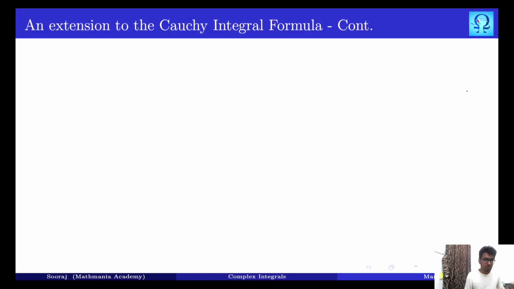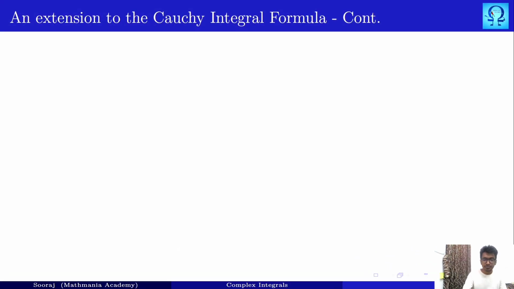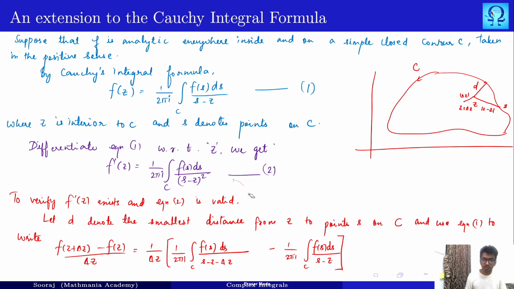Now if you just look at this expression, f of s ds is common in both the integrals, and 1 upon 2 pi i is also common.